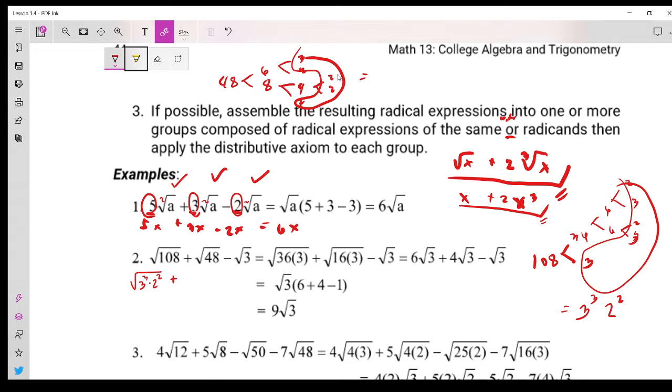So 3, only one 3, times how many 2's? So we have four 2's. So 2 raised to 4. Meaning 48 is 3 times 2 raised to 4 minus square root of 3. Okay, again, it's up to you if you're going to follow this step. Me, I don't like this presentation. I would prefer to have my constant being prime factored.